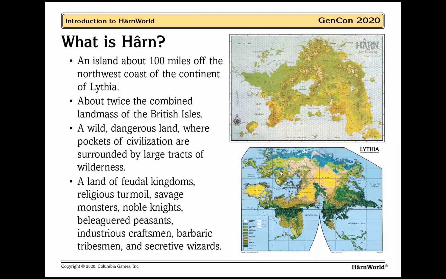And that's by design, to allow you as the GM to pick entire regions of the world and develop them on your own without fear of contradicting anything that has been published. The island of Harn is about twice the size of the British Isles. So it's positioned in the same area, but it's quite a bit larger.